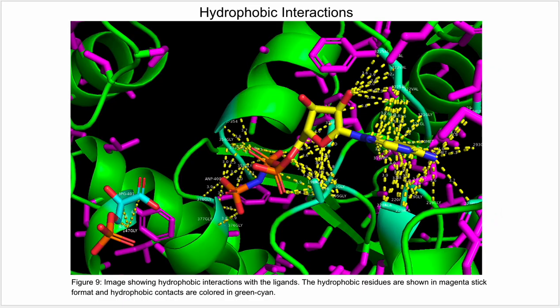Here in figure 9 are the hydrophobic interactions that occur between the ligands and hydrophobic residues. It can be seen that ANP has much more hydrophobic interactions compared to 3PG. The hydrophobic residues are colored in magenta, while the hydrophobic contacts are colored in green cyan.